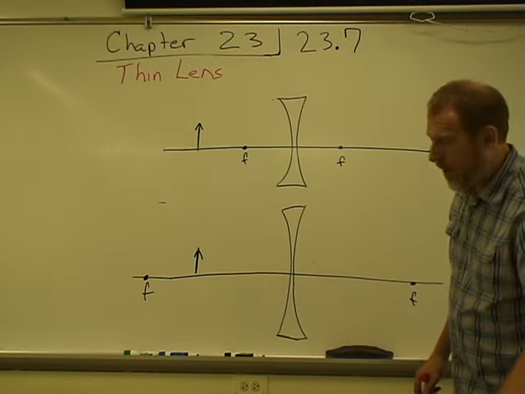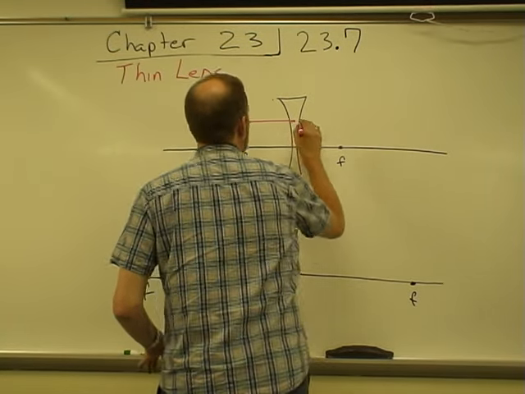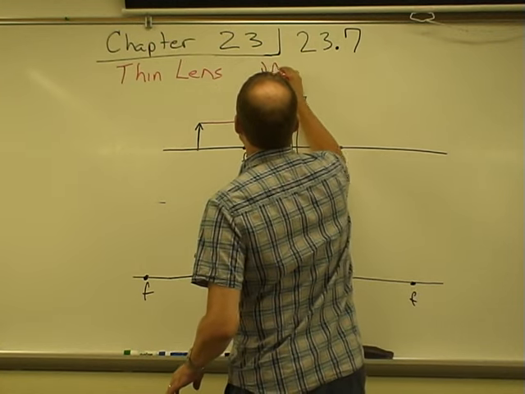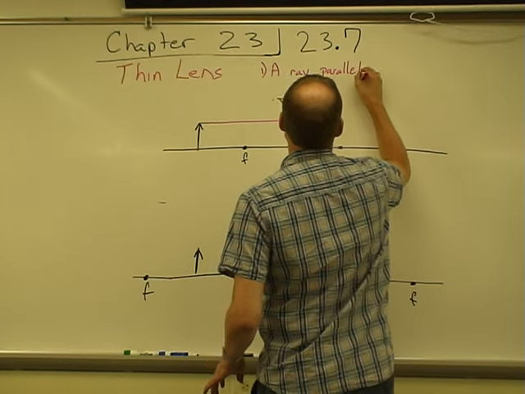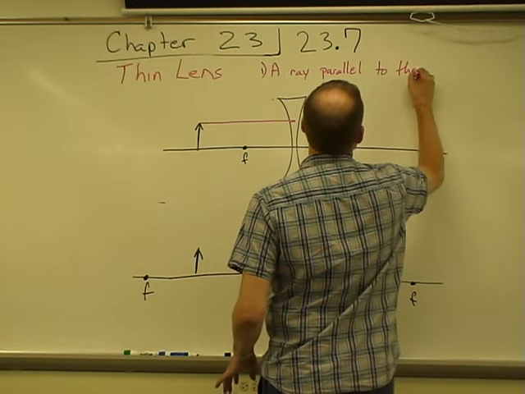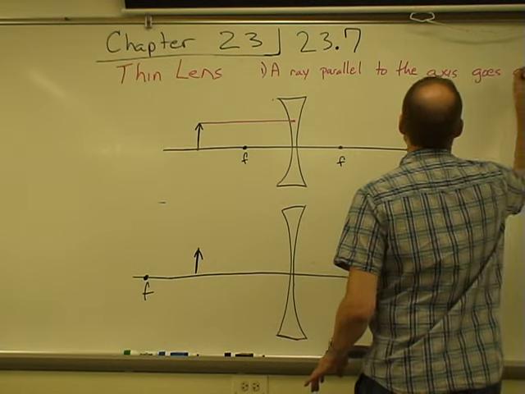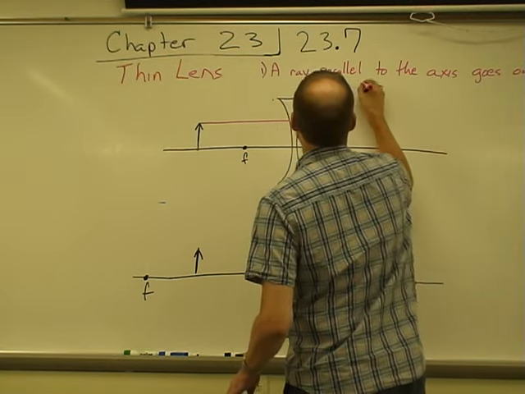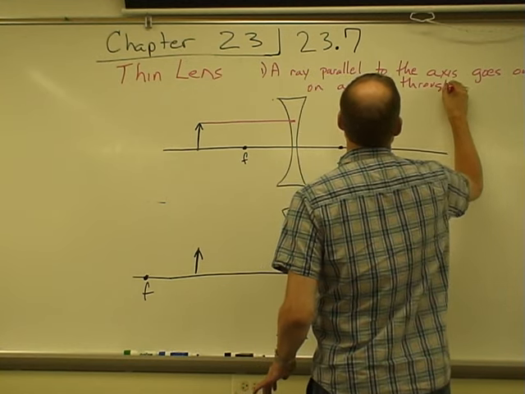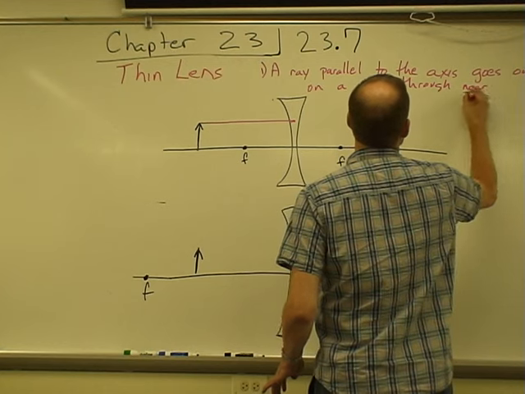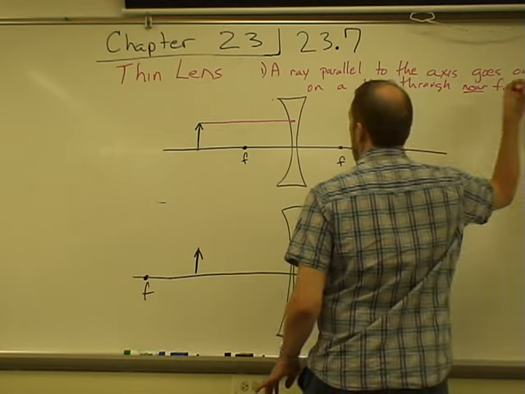If I have a ray that goes in parallel to the optical axis, a ray parallel to the axis goes out on a line through the near focal point.